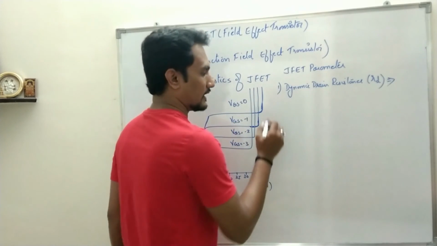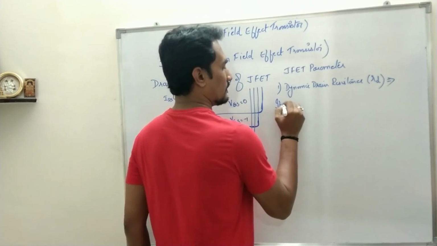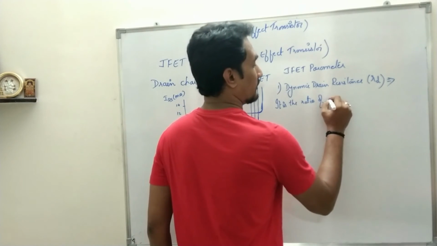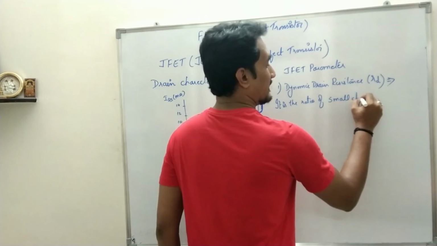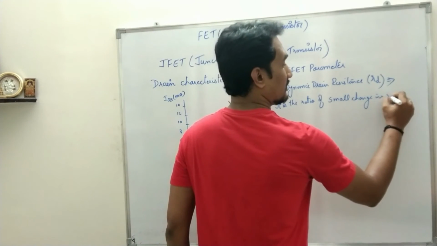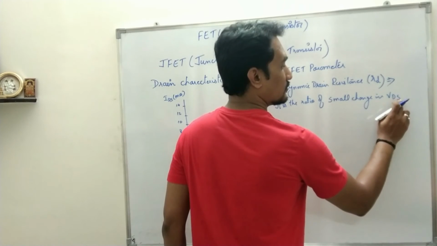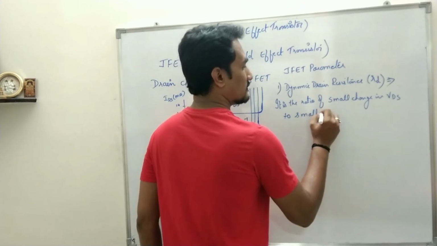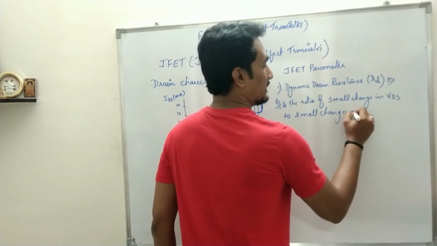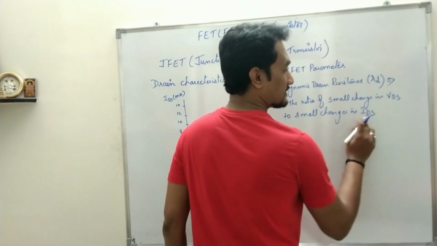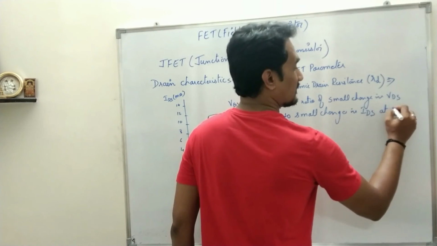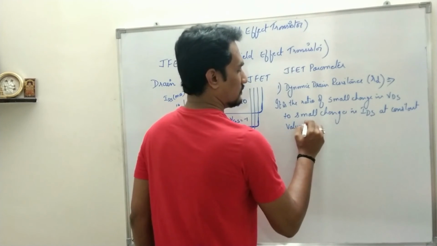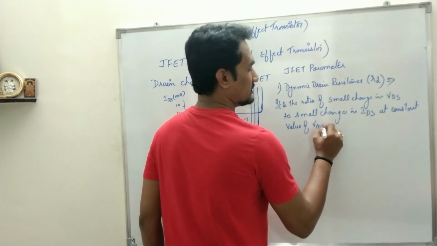Dynamic drain resistance is specified by RD, and it is the ratio of a small change in VDS, that means drain to source voltage, to the small change in IDS, that is drain to source current, at constant value of VGS.